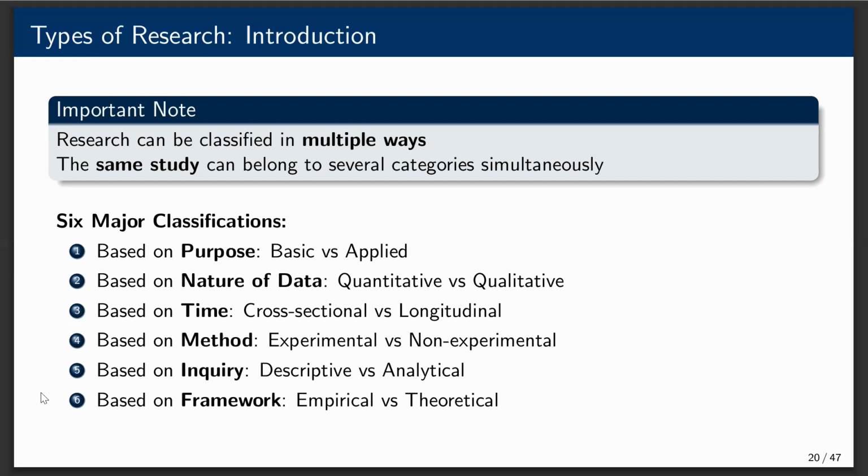It is actually an overlapping structure, not a completely closed compartment structure, right? So there are 6 major classifications. First one is based on purpose, that is basic versus applied. Based on nature of data, that is quantitative versus qualitative. Based on time, that is cross-sectional versus longitudinal.